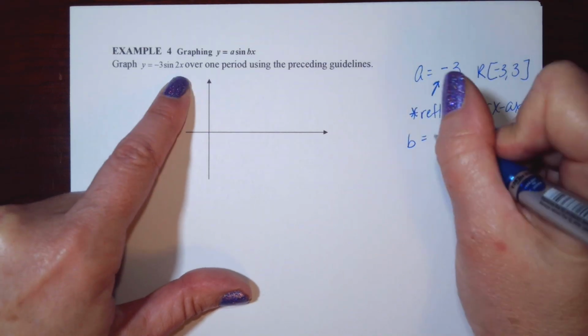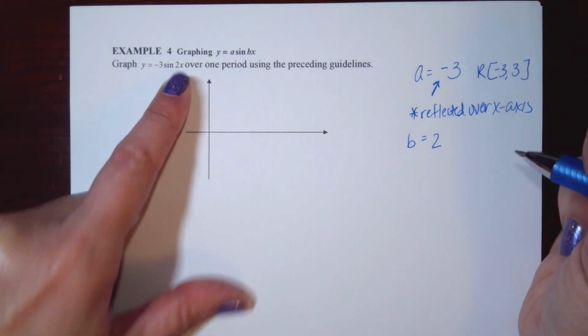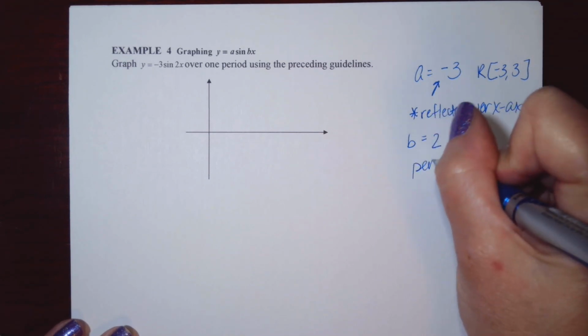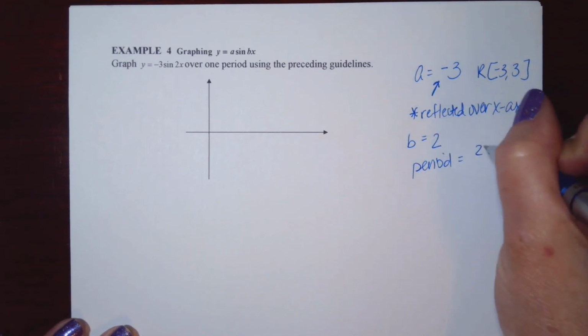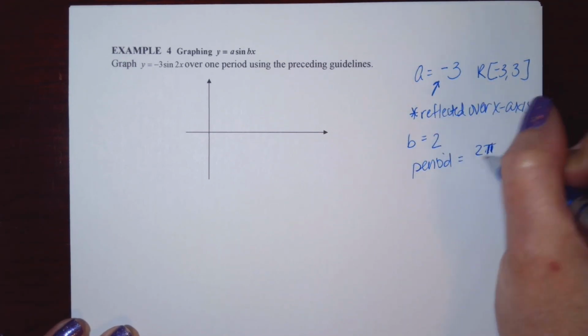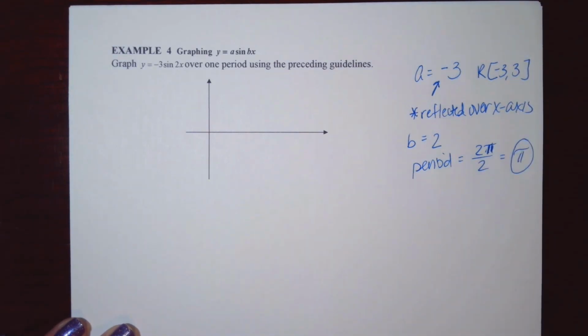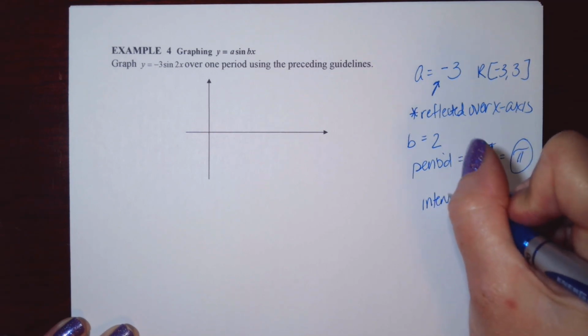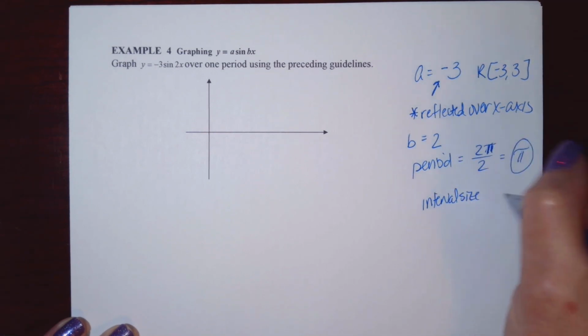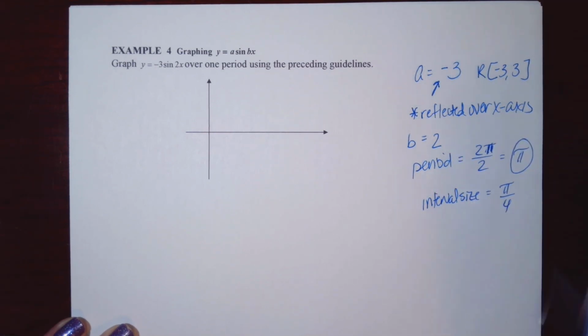Value for B is 2, so that's going to change the period of my function. The period 2 pi is adjusted by that value B, so the period is just pi, which means my interval size to move from one point to the next is that period divided by 4, it's just pi fourths.